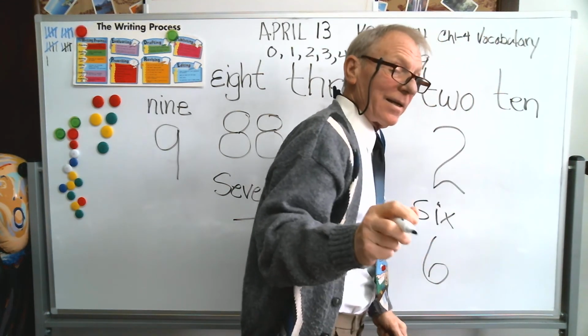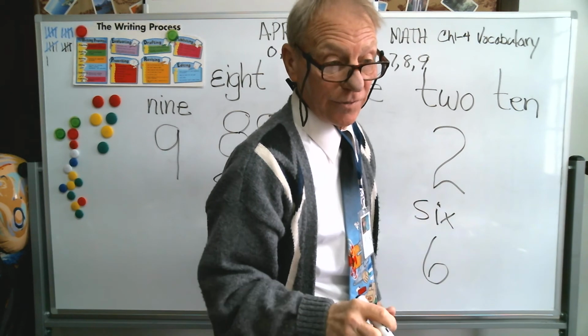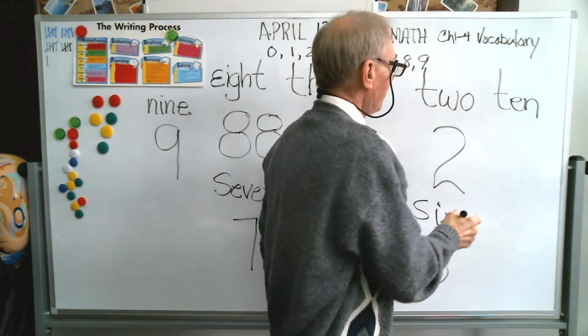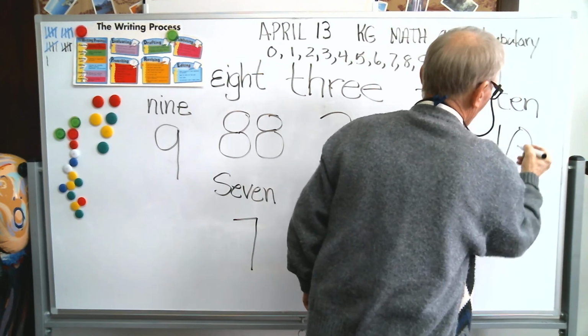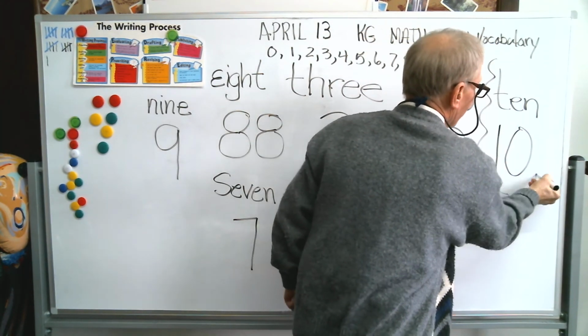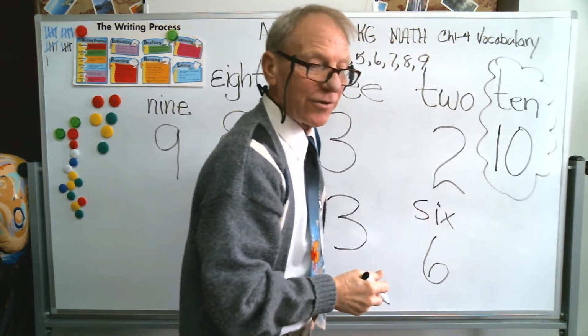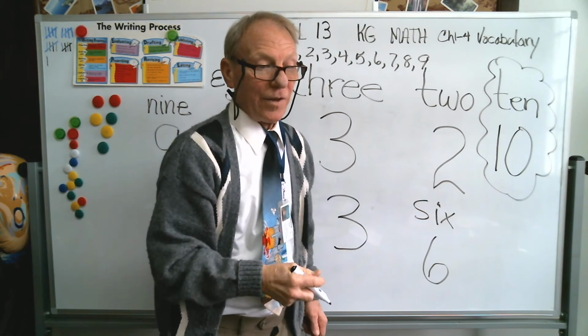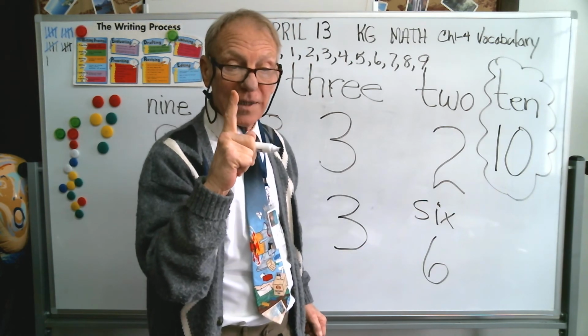And 10 takes you into a whole new place with numbers. 10 is written 1, 0. And what makes it special is now you have 2 digits. All the way up to 9, there was only 1 digit.